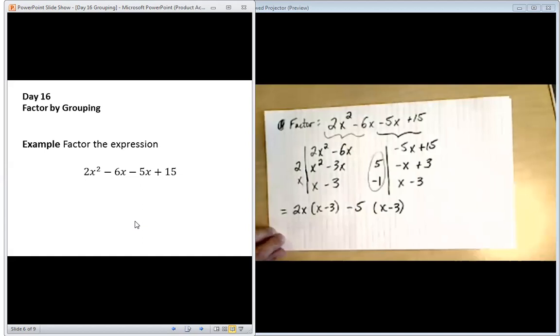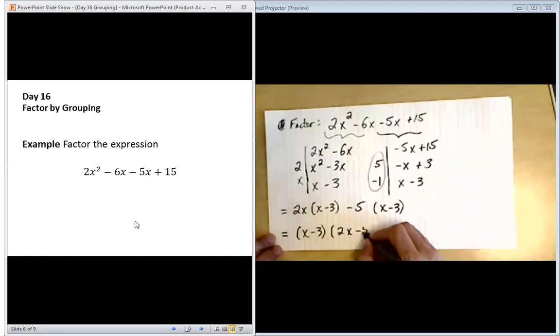And now that GCF is x -3 and 2x -5. Yeah, Zoom got it there. Okay, x -3, and that goes in the front, and then 2x -5 goes afterwards.